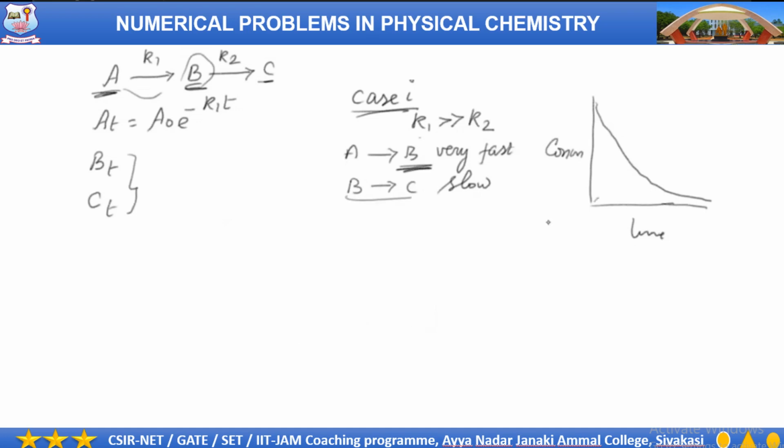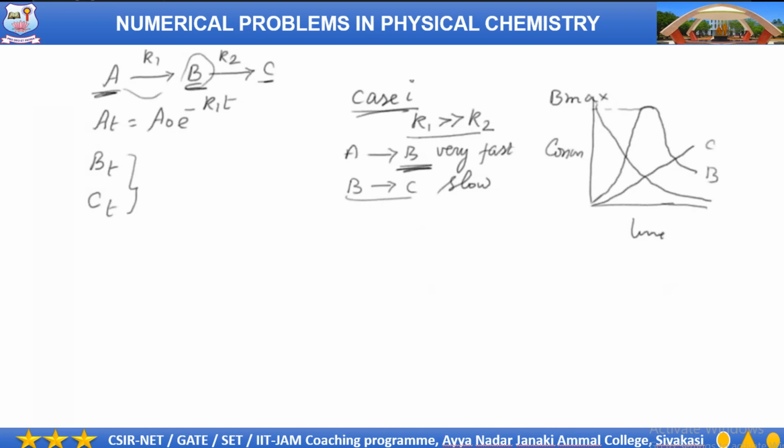Therefore, B is going to increase, reach a maximum, and then come down. We call it B max. In all other situations, we won't get the maximum. Here we are getting the maximum. And what about the concentration of C? The concentration of C is slowly going on increasing. Therefore, for this case, B is attaining the maximum, and this is B and this is C.